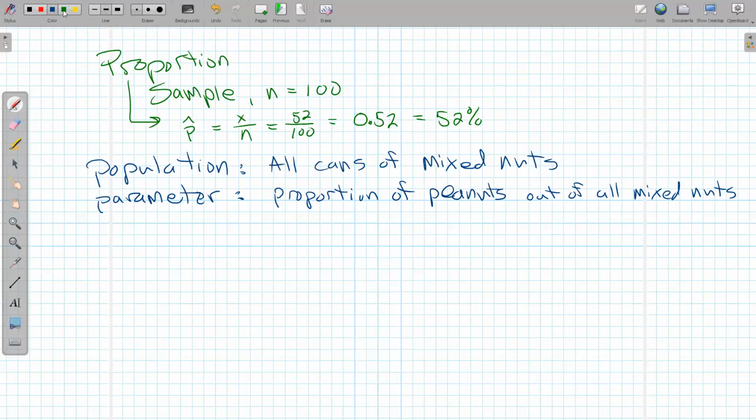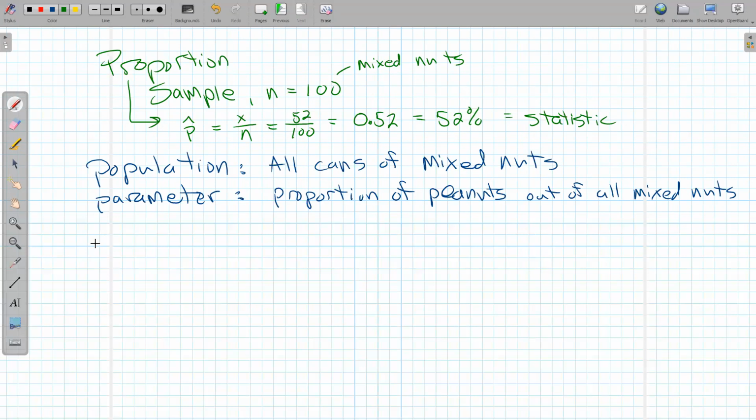Then I have a sample from that population, and that's what I have up here. I have a sample of 100 mixed nuts. And then I have a statistic, which is based on that sample, where I made some kind of calculation. So this right here would be my statistic. And now what I want to do is take that sample and statistic information and make a confidence interval.